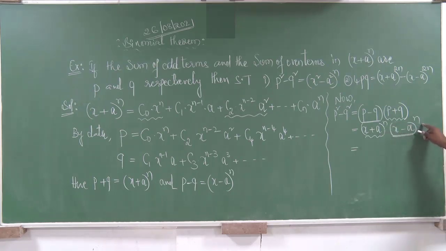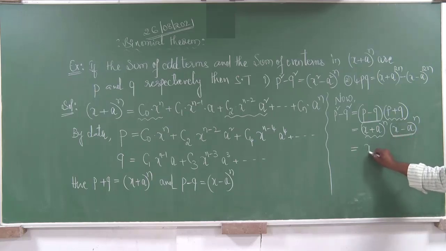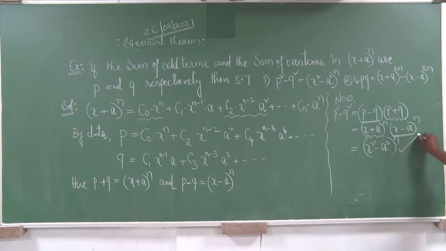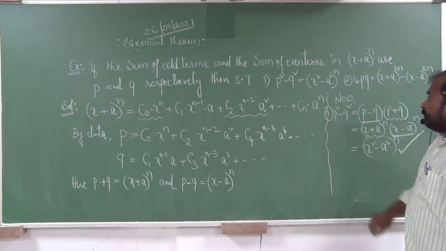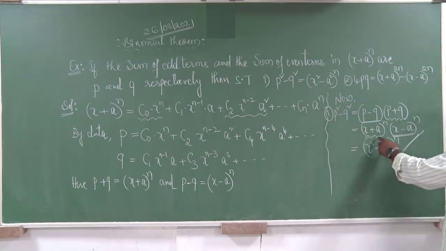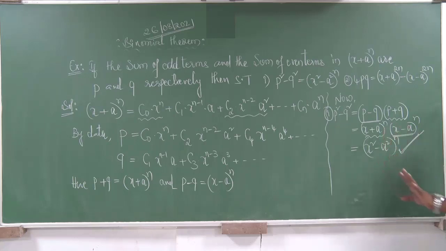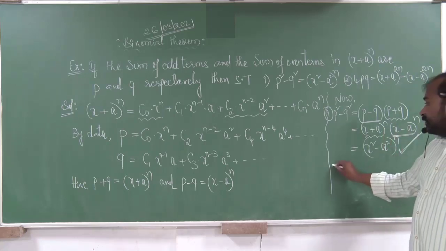Here also power n is there. If you multiply these two values, I get (x² − a²)^n. So the first bit is that value only: P² − Q² = (x² − a²)^n. Okay, it is over.